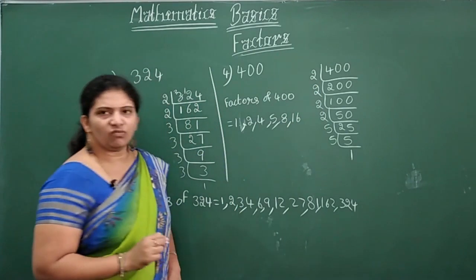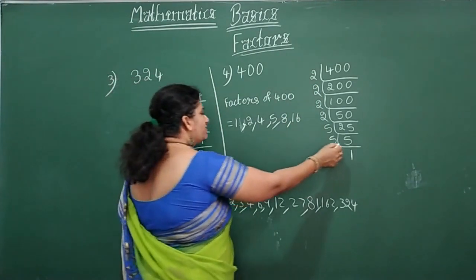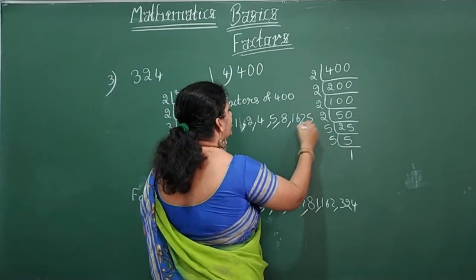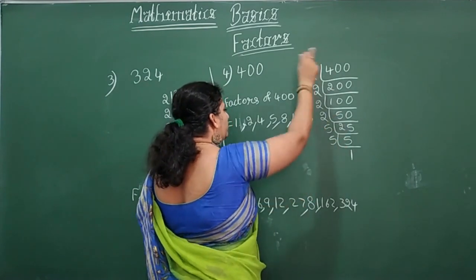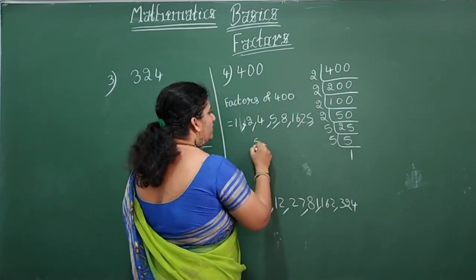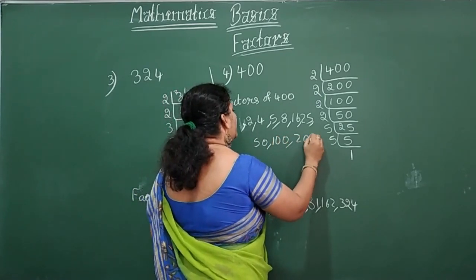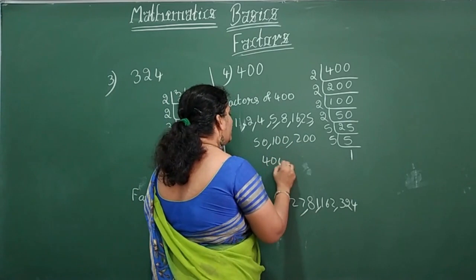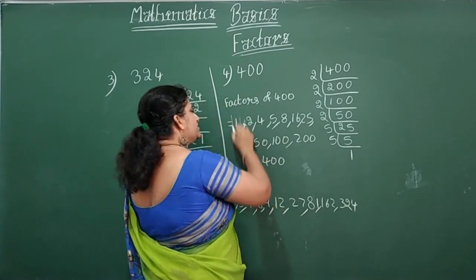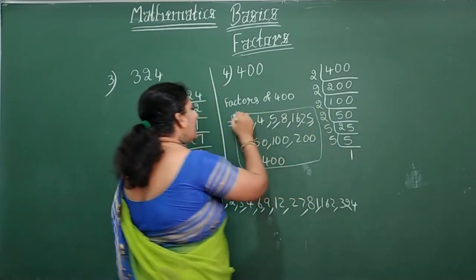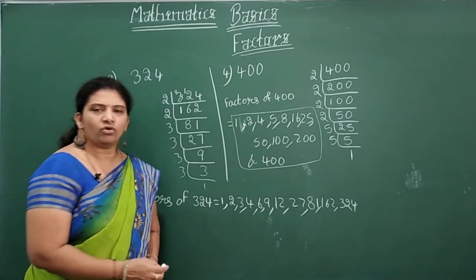Then 5 5s are 25. After multiplying this, directly write 25, 50, 100, 200 and 400. See here children, these are all the factors of 400.